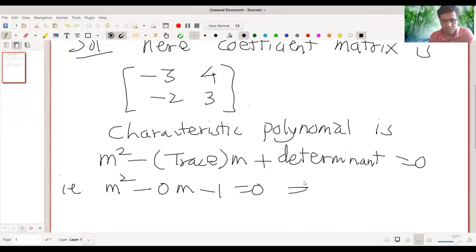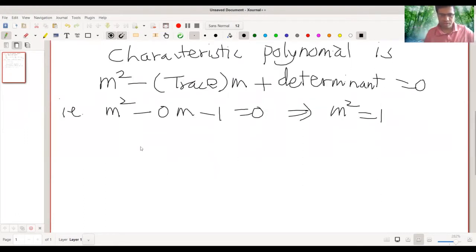So m square minus 1 equals 0, meaning m square equals 1. We have two roots, m1 equal to 1 and m2 equal to minus 1. So the characteristic polynomial has real distinct roots.